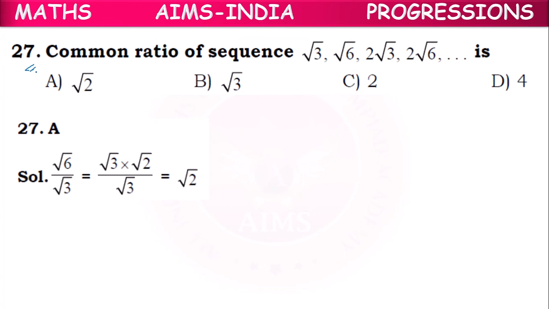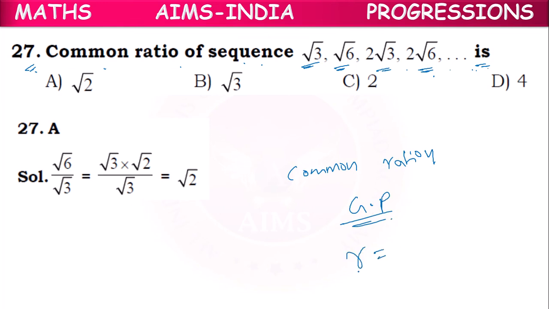Next children, 27th question. Common ratio of the sequence root 3, root 6, 2 root 3, 2 root 6 and so on is how much? They are asking us to find the common ratio, which means the progression is in GP. Common ratio is denoted by the symbol R, whose formula is T2 by T1.